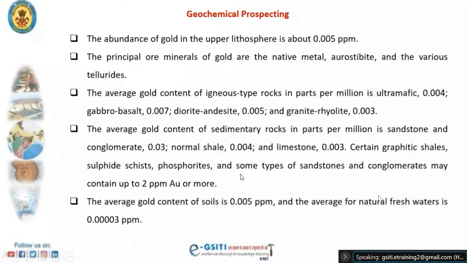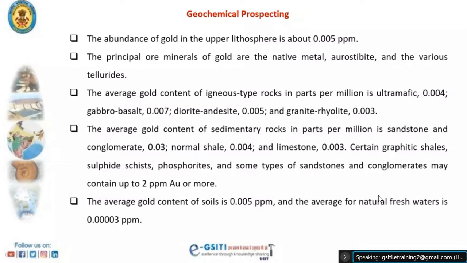On geochemistry, I am not going into much detail, because another speaker will be telling about geochemistry in more detail. Just to tell a basic thing about gold: it is present everywhere in the Earth's crust.